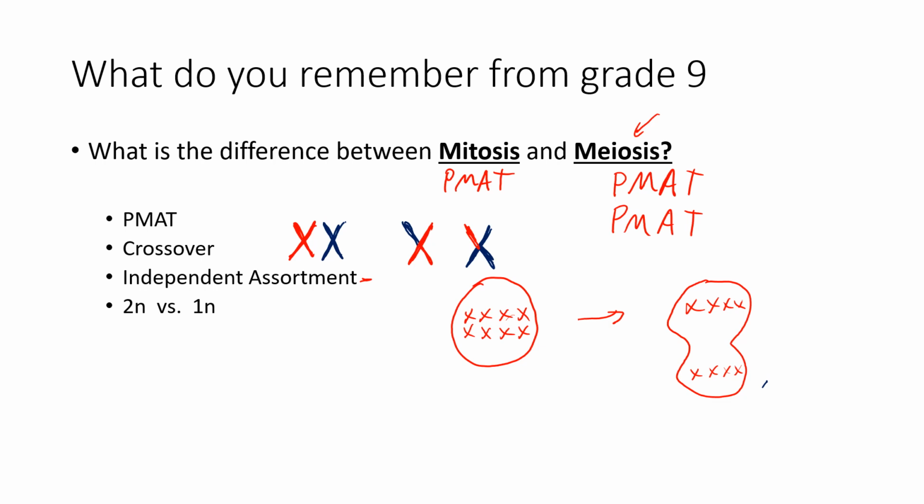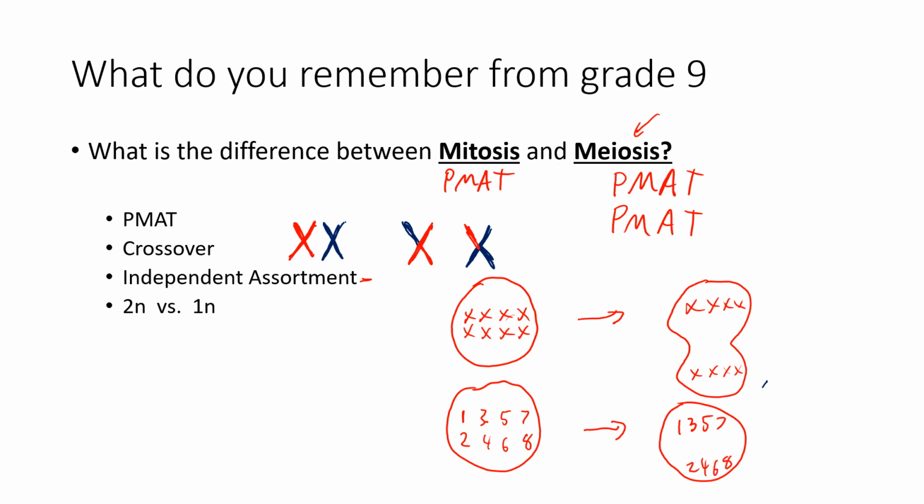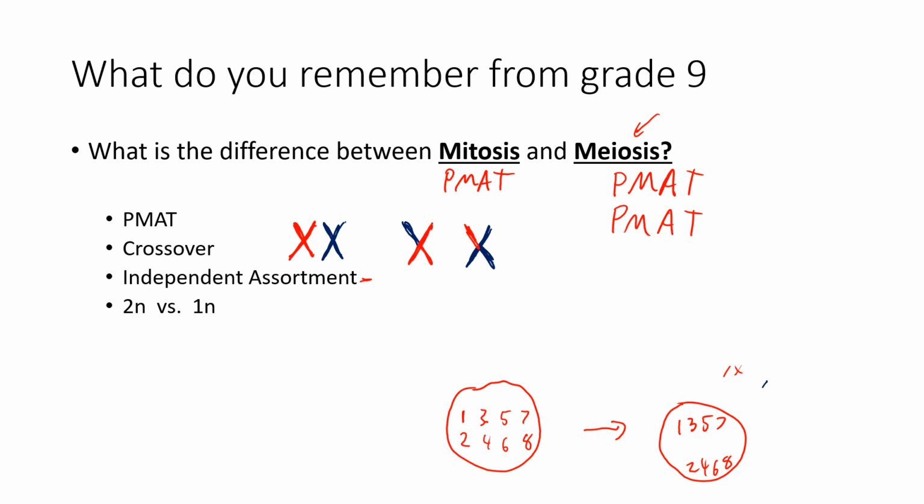So instead of writing X's, chromosome 1 is here, 2, 3, 4, 5, 6, 7, 8, and then those would get separated into 1, 3, 5, and 7 on that side, 2, 4, 6, and 8 on that side. But what happens if they lined up differently? Instead of lining up like that, they lined up like this.